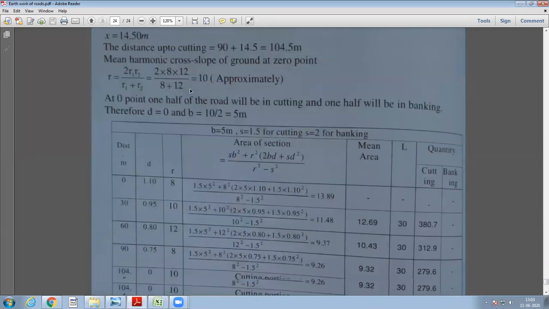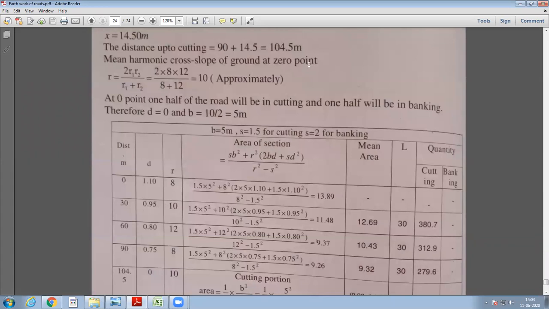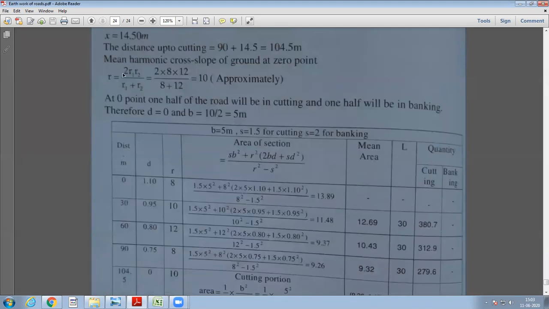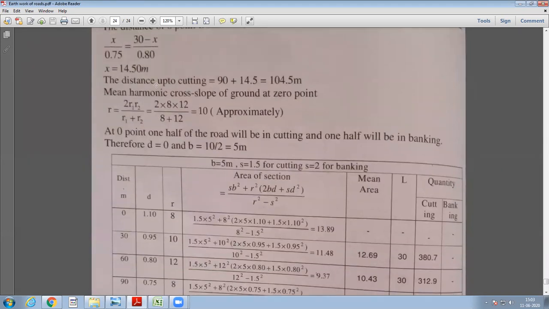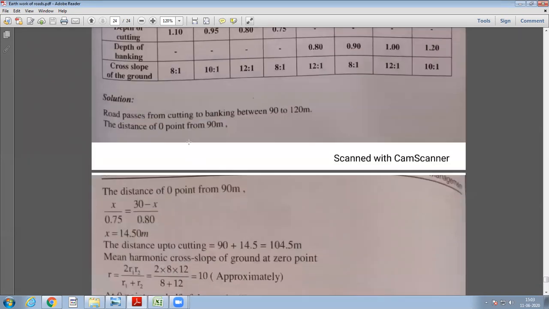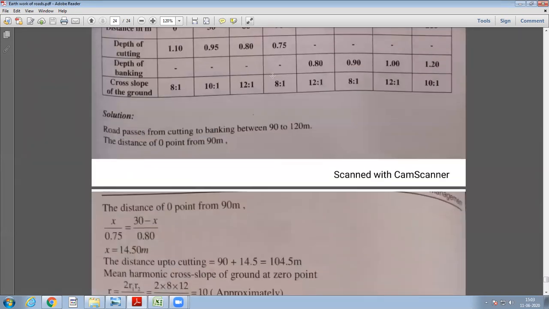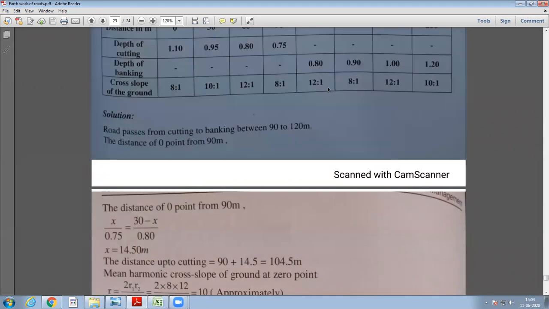Mean harmonic cross slope should be found out at the zero point. Mean harmonic means R value. This formula is given, this is the special case. Observe here, R is equal to 2 times R1 R2 by R1 plus R2. Here R1 and R2 are the cross slopes at these 2 points.